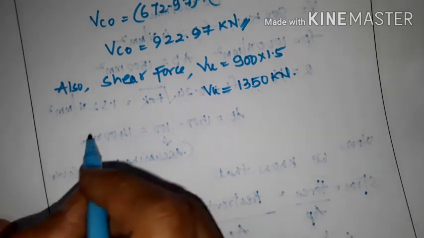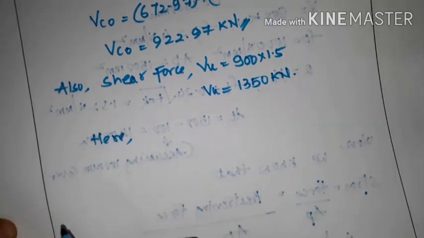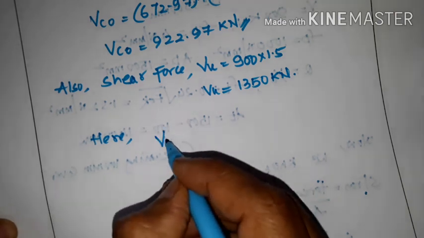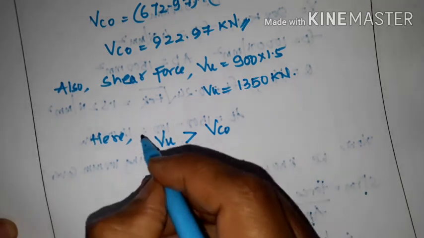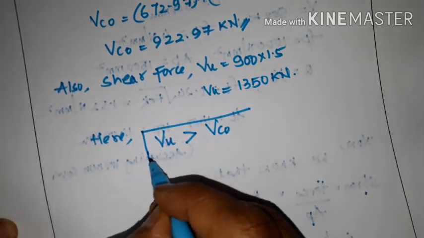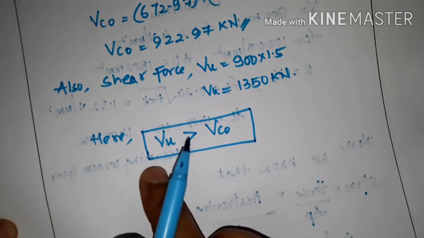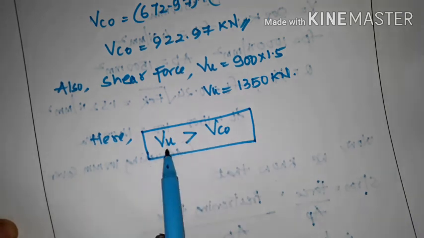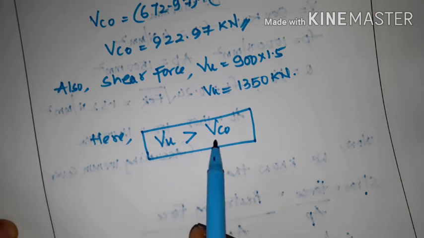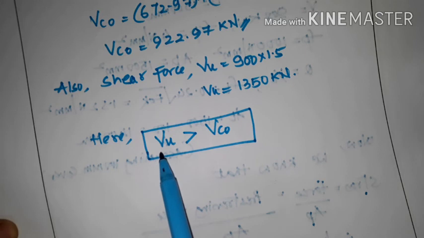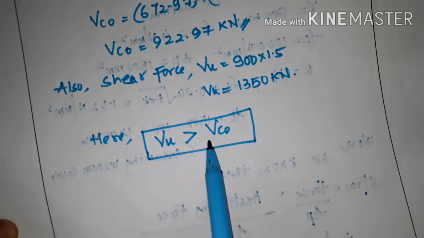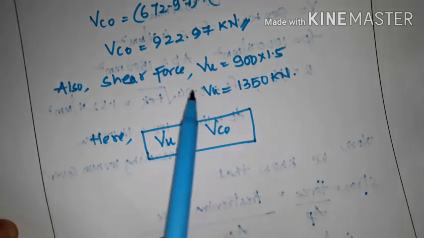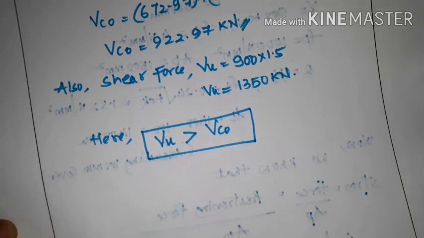Here Vu is more than Vco, which means the shear acting on the beam is more than its capacity or resistance. The shear acting on the beam, 1350 kilonewton, is more than its internal resistance or capacity, which is 922.97 kilonewton.